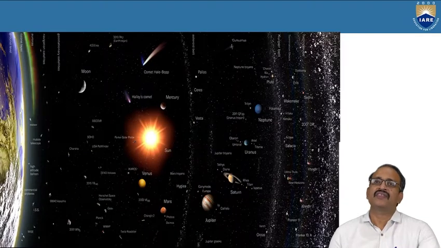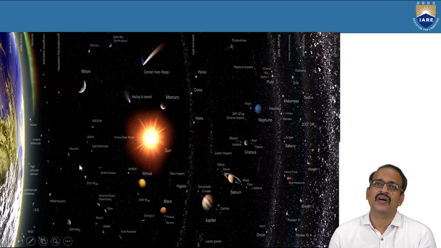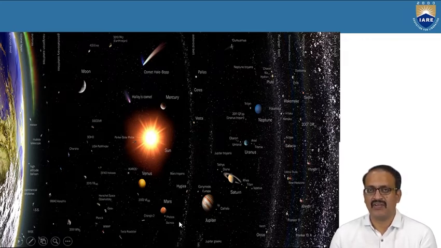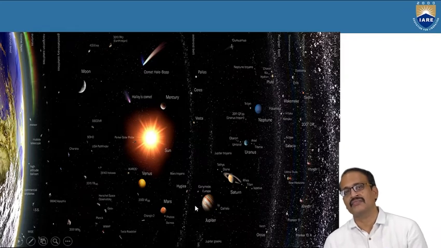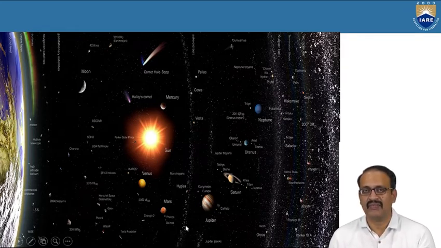You can observe here, this is our solar system. The sun is there. The planets you can find: Jupiter, the largest planet, which we were taught is also revolving around the sun, which is actually not correct. Jupiter is a heavy planet. So the sun and Jupiter are revolving about another center, which is a heavy center.